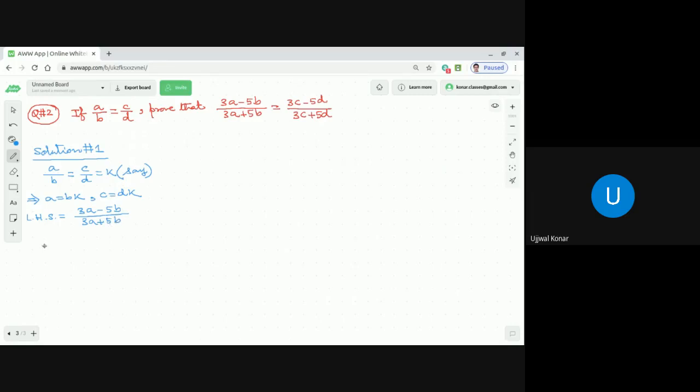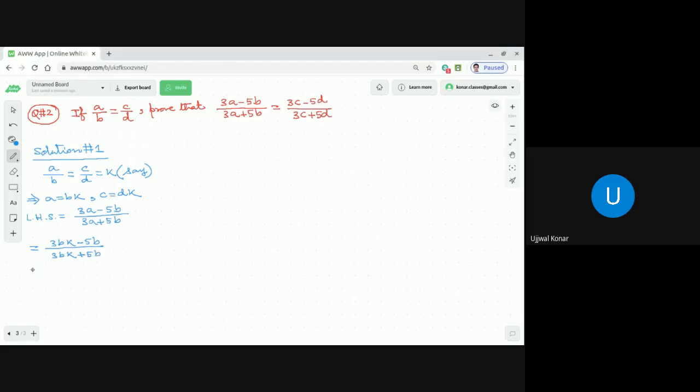Since a is equal to bk, this is equal to 3 into b into k minus 5b, divided by 3 into b into k plus 5b. So we can take b common.